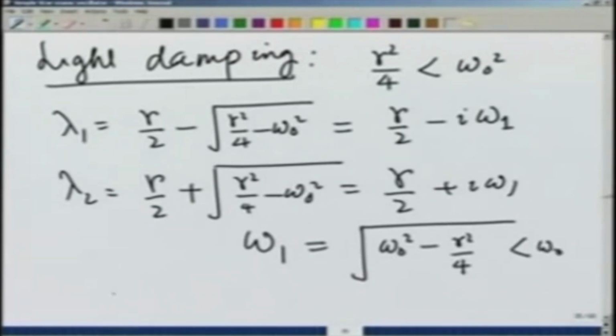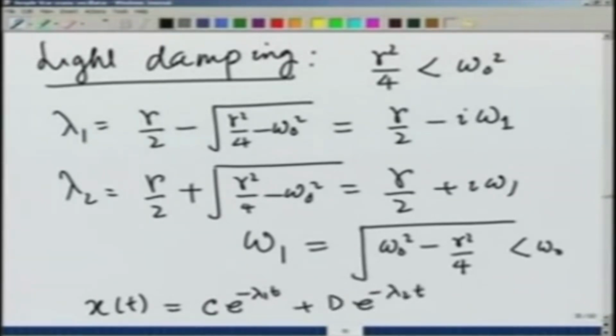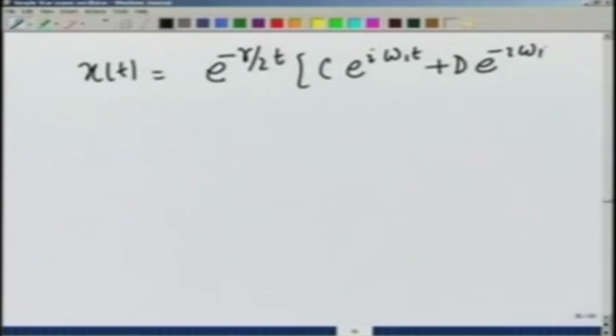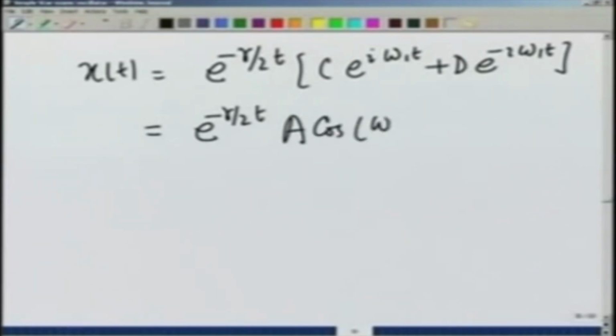So, the general solution x t, which I have been writing as c e raised to minus lambda 1 t plus d e raised to minus lambda 2 t, is going to be, in this case, x t is equal to e raised to minus gamma over 2 t times c e raised to I omega 1 t plus d e raised to minus I omega 1 t, which is equivalent to writing this as e raised to minus gamma over 2 t, some amplitude, cosine of omega 1 t plus a phase constant phi.